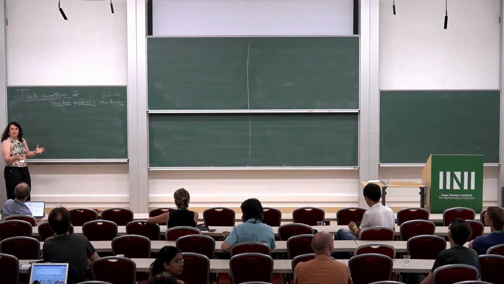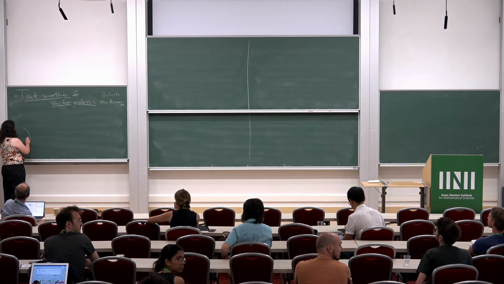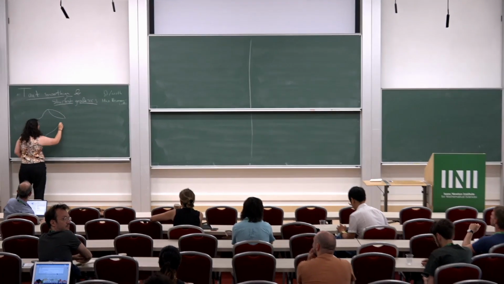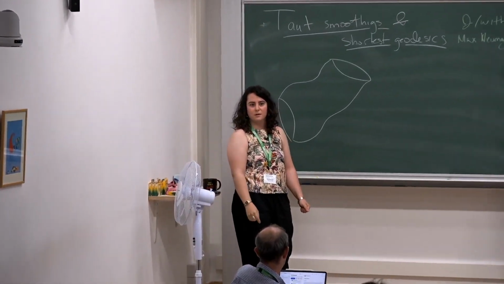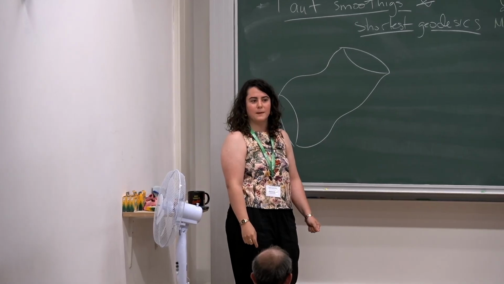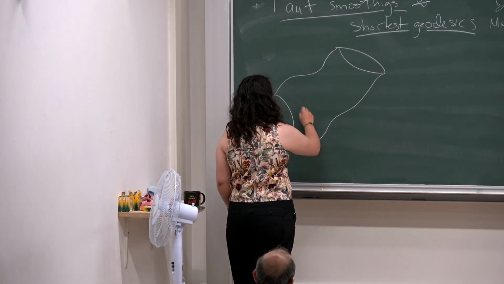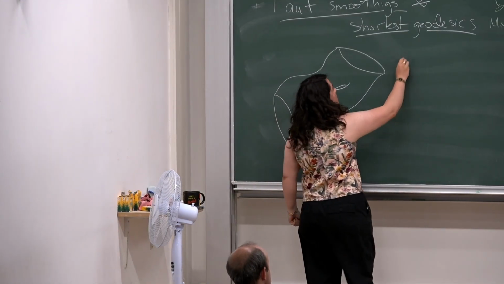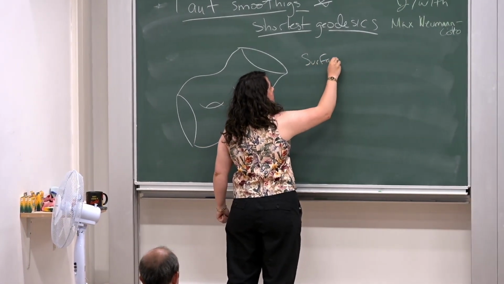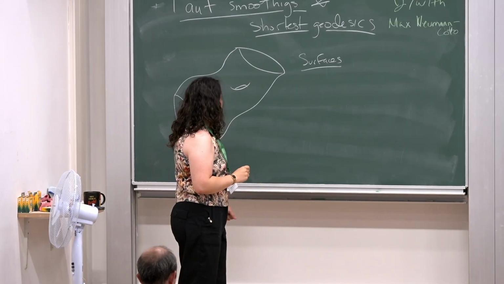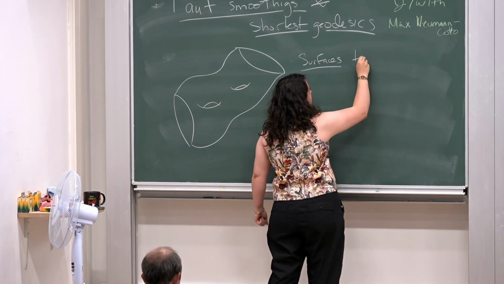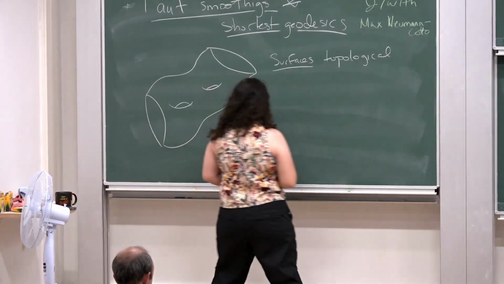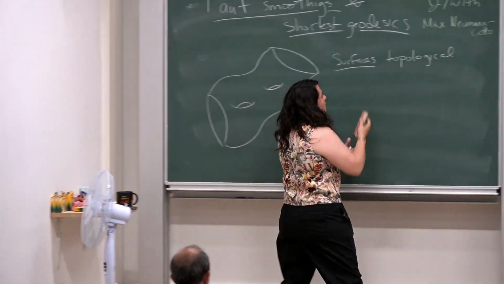The objects in this talk are going to be surfaces. The surfaces can be closed or can have boundary components, but they're always going to be compact for us today. Surfaces can be of two types. Maybe before that I should say something else.